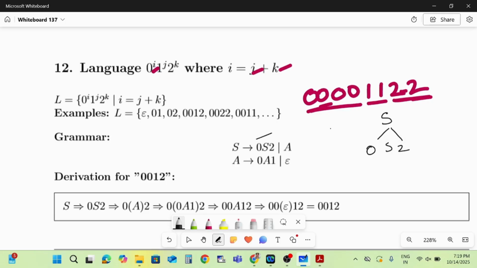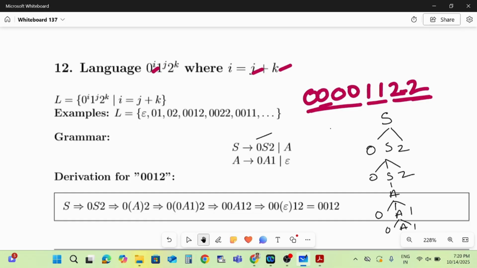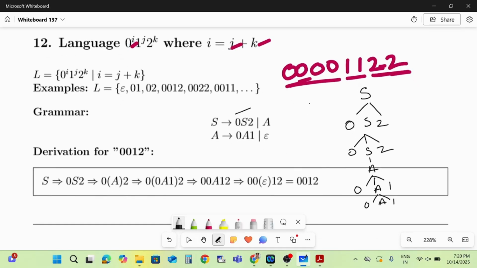First grammar, first rule. In similar fashion, S tends to 0S2 again. Then it is A. We need to take it as A. Now 0S2 is done, now it should be A. A tends to 0A1. In similar fashion, A tends to 0A1 and substitute the epsilon character for A. So it is 4 zeros followed by 2 ones and 2 twos.